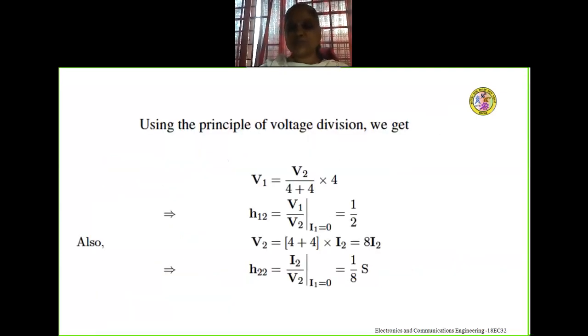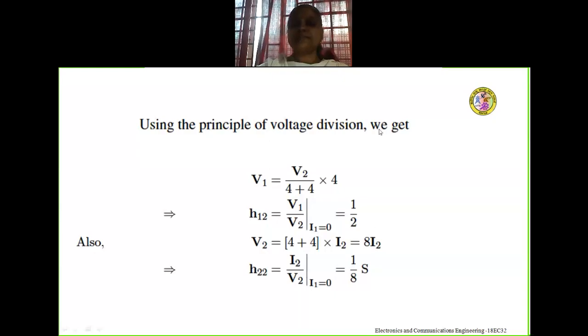So V2 is equal to 4 plus 4 into I2 is equal to 8 I2. So H22 is equal to I2 divided by V2 when I1 is equal to 0, which is 1 divided by 8 siemens or mho.